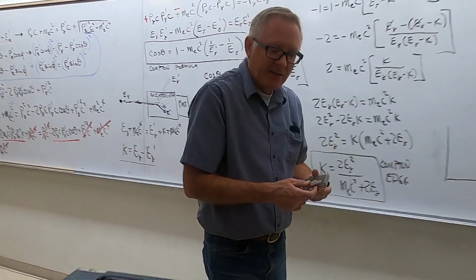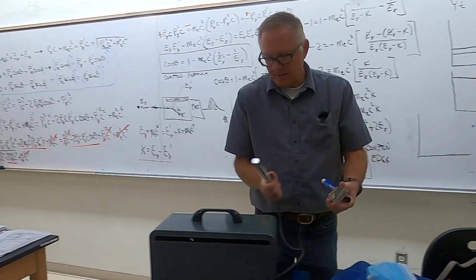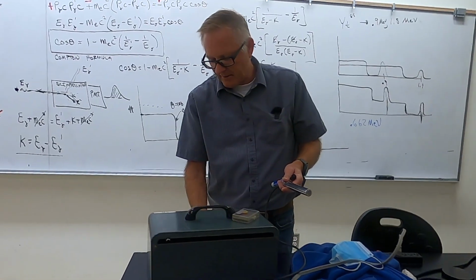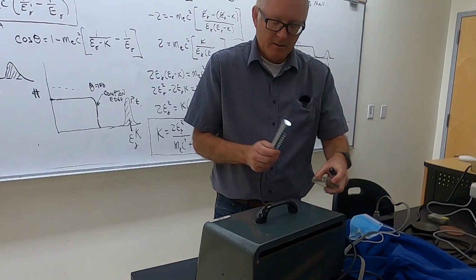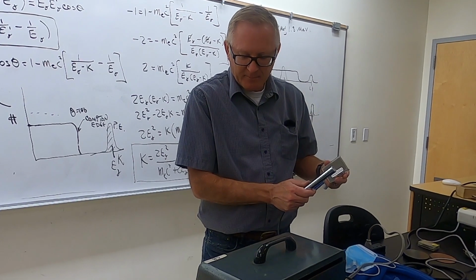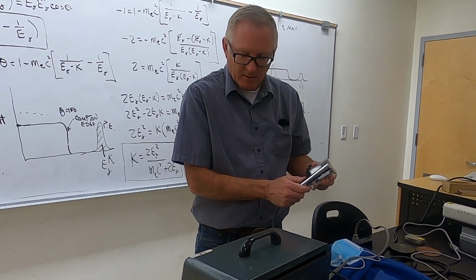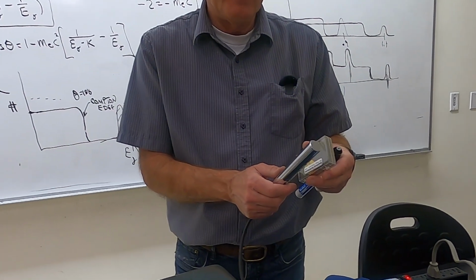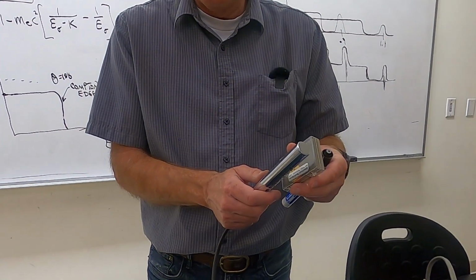Here I have a Geiger counter, and hopefully, if I just turn this Geiger counter up a little bit, it just takes a minute to warm up. But you can hear, first of all, you can tell these are photons. It certainly sounds like a particle right there.